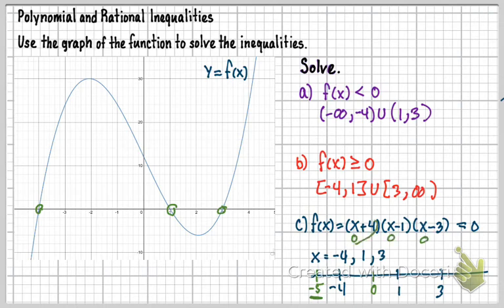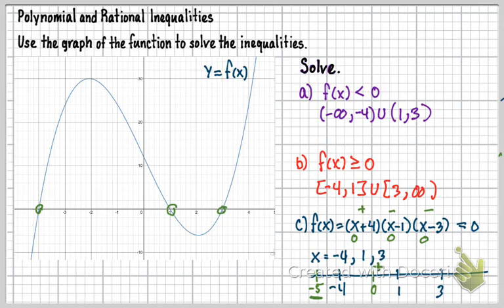And I can see that this first one, the x plus 4, is going to be positive. For the second one, 0 minus 1, that's going to be negative. And then 0 minus 3, that's also going to be negative. Now notice this, a negative times a negative is positive, times a positive is positive. So that's going to be positive here. So I know between -4 and 1, it's going to be positive.